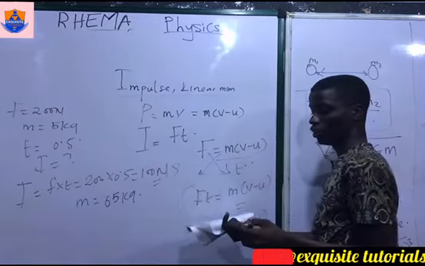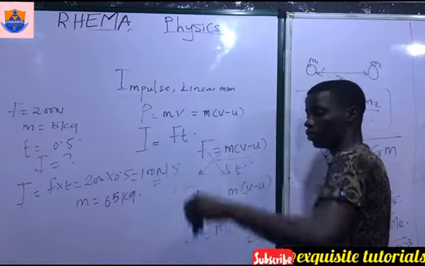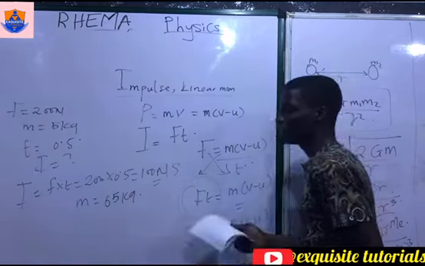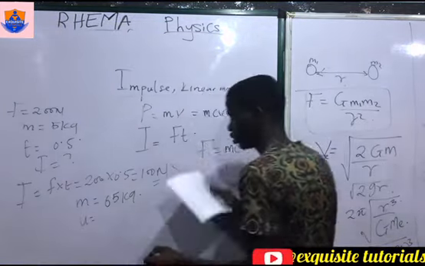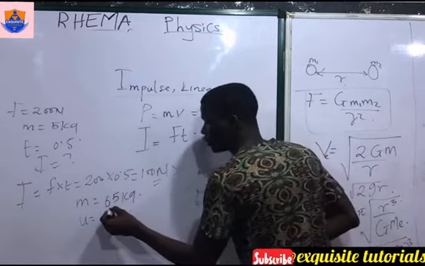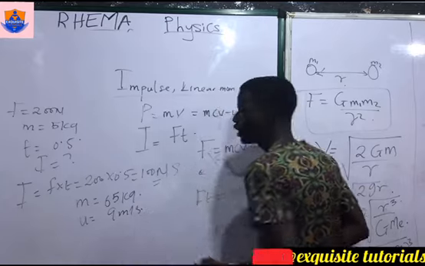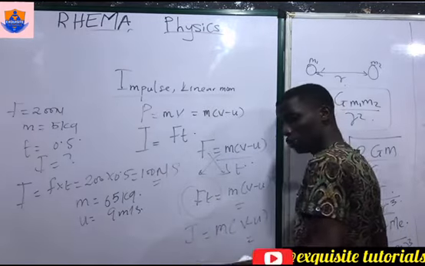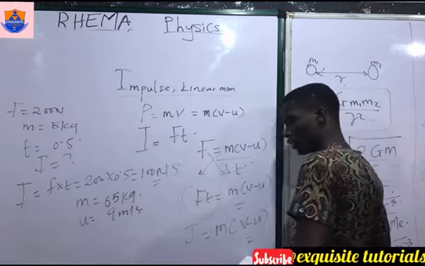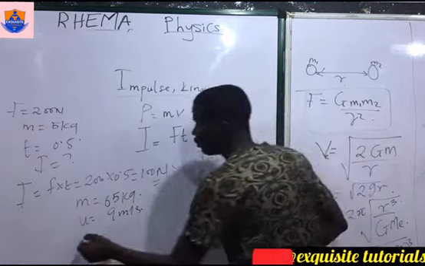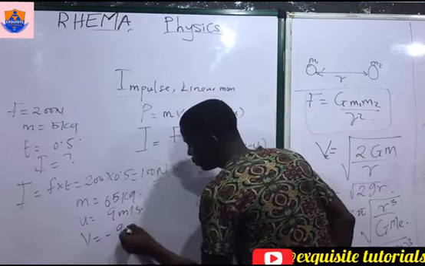Let's assume this is the gymnast. He bounces on the trampoline and leaves it with the same speed. The value of the speed is 9 meters per second. When he was coming down against the trampoline, he was moving in one direction. If he's going back, he will change direction. So our final velocity must be negative 9 meters per second.